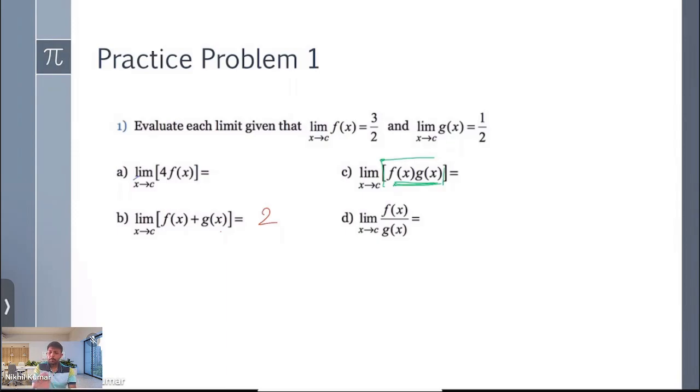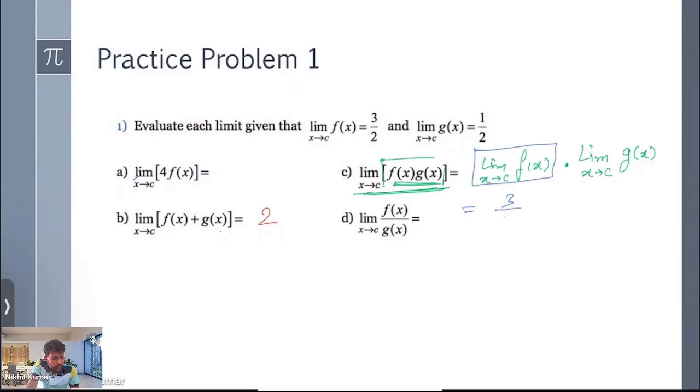Okay, use the property. How can we write this thing? We can write it like this. Limit x tending c f of x. This is what the property says, right? Is equal to limit of x tending c g of x, isn't it? We all know that this thing is 3 by 2, and we know that this thing is 1 by 2.